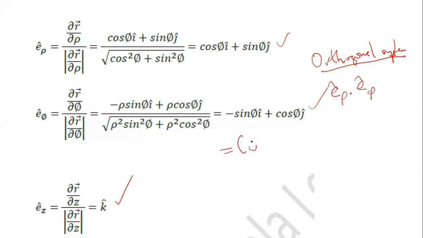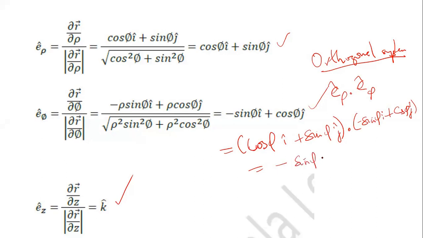This will be cos phi i plus sin phi j dot product with minus of sin phi i plus cos phi j. This will be i dot i is 1, minus sin phi cos phi, plus j dot j is 1, sin phi cos phi. This will be 0. That means the dot product between the two unit vectors is 0.